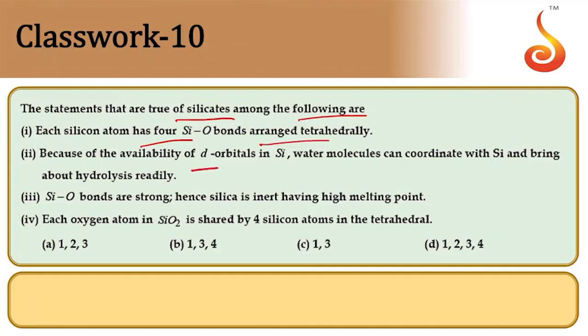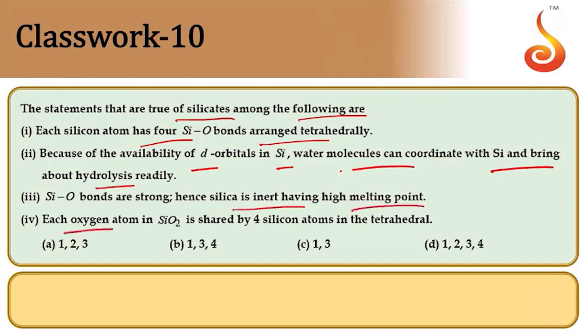Because of the availability of d orbitals in silicon, water molecules can coordinate with silicon and bring about hydrolysis. Actually, silicates are highly stable. They cannot be hydrolyzed easily. SiO bonds are strong, hence silica is inert and has a higher melting point.